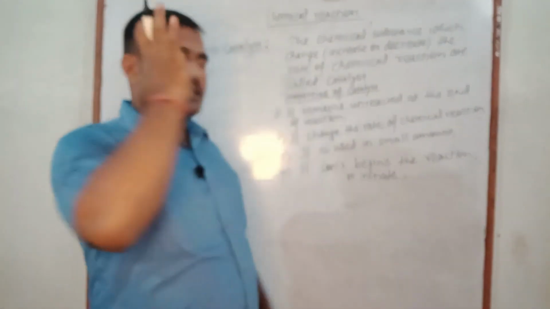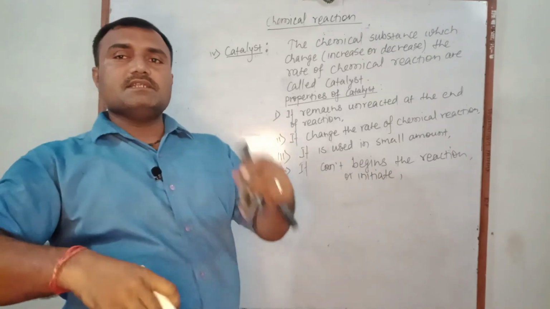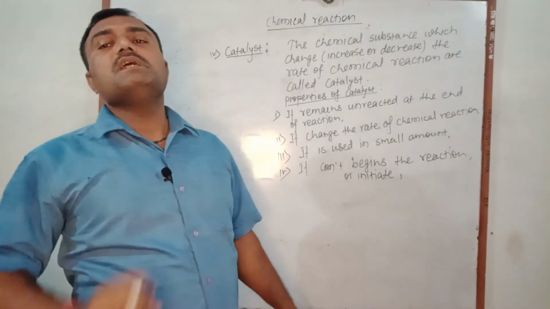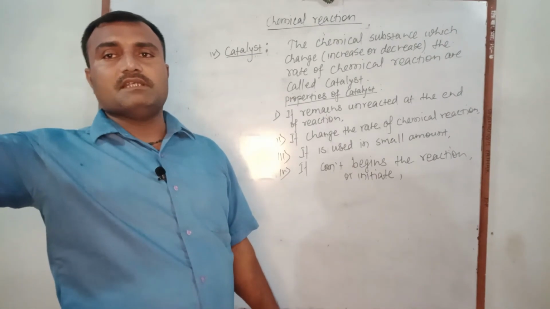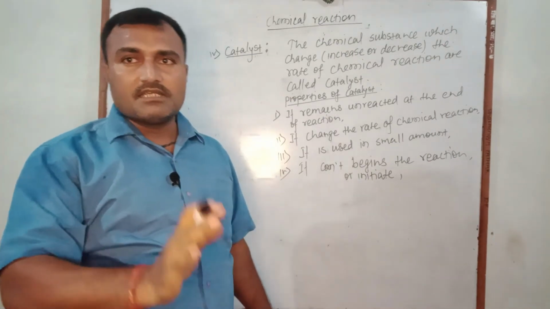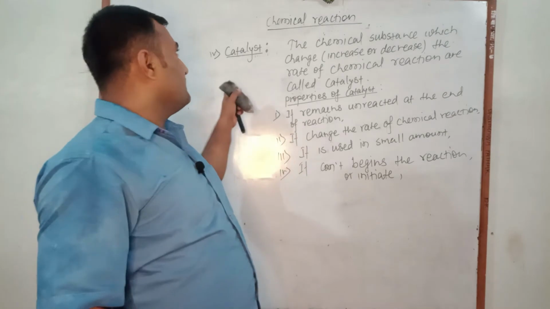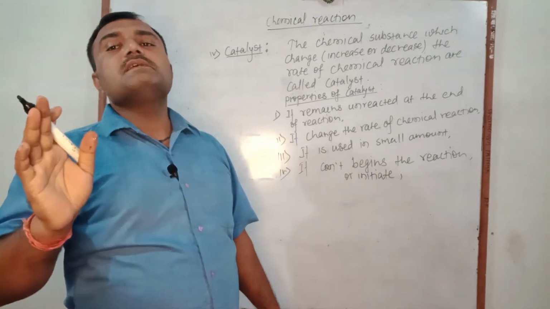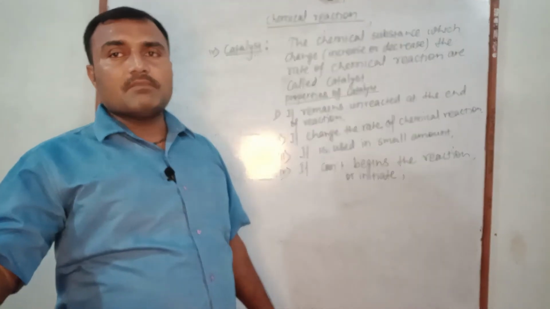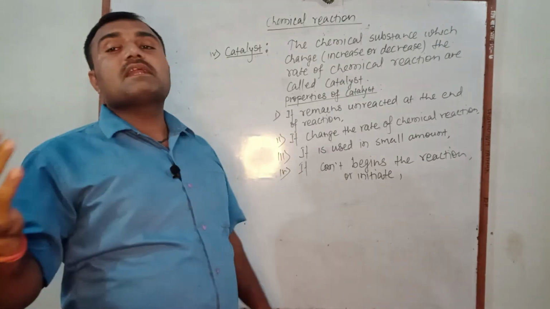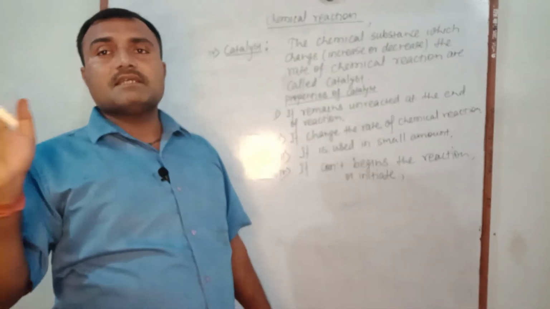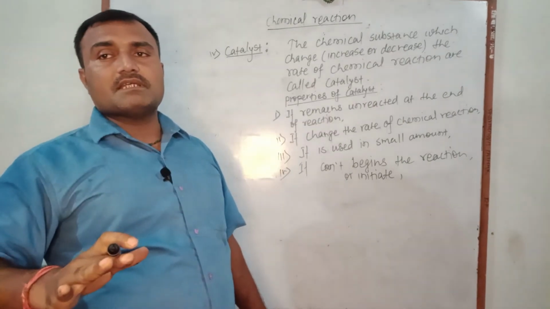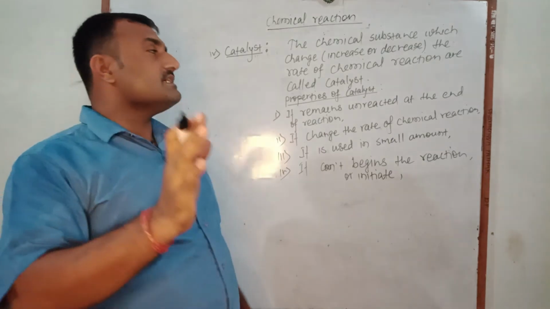The reaction itself begins; the catalyst only helps to change the rate of chemical reaction, either increase or decrease. Therefore, some catalysts increase the rate of chemical reaction, and these are called positive catalysts, and some catalysts decrease the rate of chemical reaction, and these are called negative catalysts.